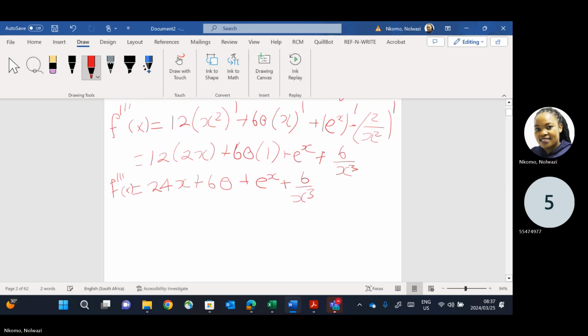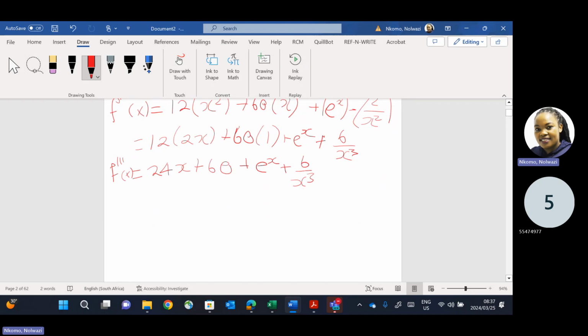Then we are one more step from the fourth order, what we asked for. The fourth order will be equal to 24 times x prime plus 60 prime plus e to the power x prime plus 6 over x cubed prime.